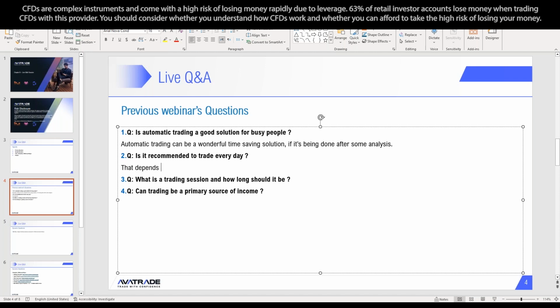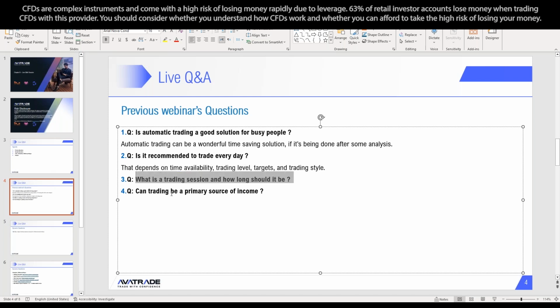That depends on time availability, trading ability, maybe trading level, I would say, targets, and trading style. So again, if I'm a person who doesn't like to trade every day and I'm more into weekly intraday, I can just do analysis on Monday, do my execution along the week, and still I don't have to trade every day.